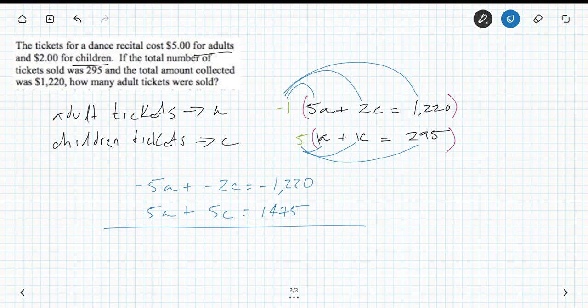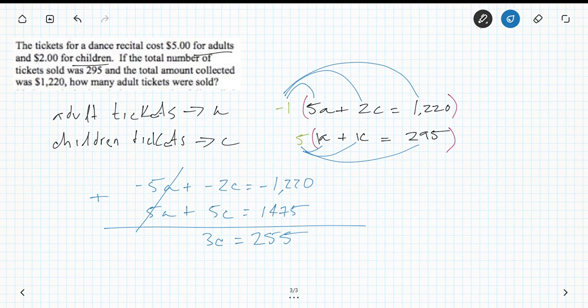Okay, now we're gonna tally up. Notice how we have a -5 and a +5. If we add these two lines, we're gonna eliminate this one, because -5 plus 5 goes to nothing, it's 0. You don't have to write the 0, but in this case, let's just leave it like that. And -2c plus 5c gives us 3c equals -1,220 plus 1,475, which is 255.